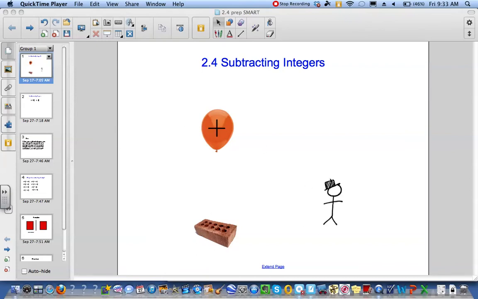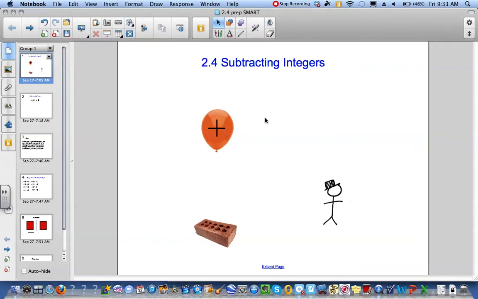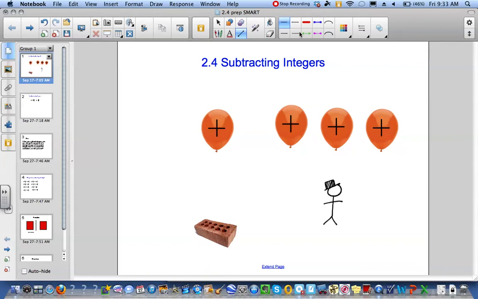We have this poor gentleman here who is going to be lifted up into the air by some positive balloons. Right, positive integer balloons. So right now I've got 3 positive integer balloons, and they're going to lift him upwards. He's going to go up with those balloons.